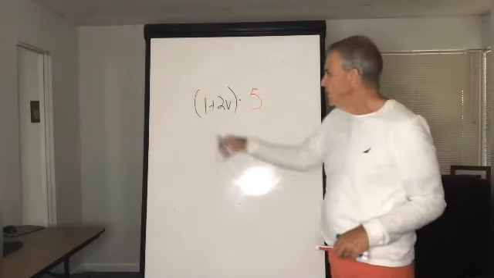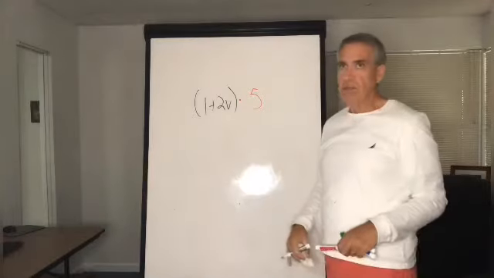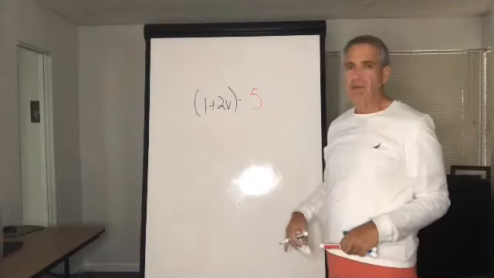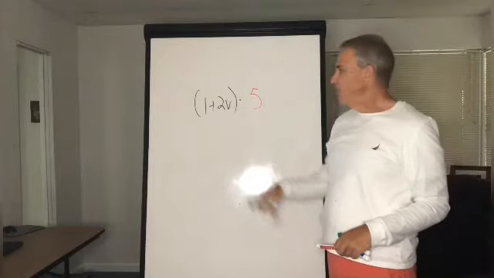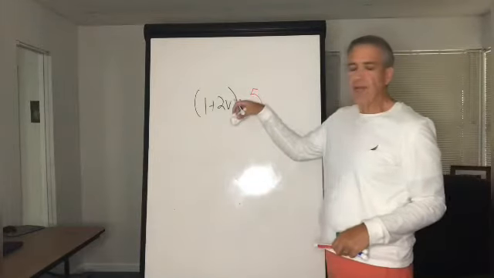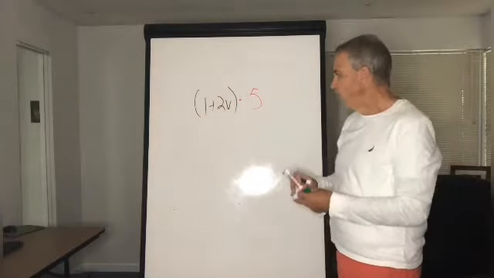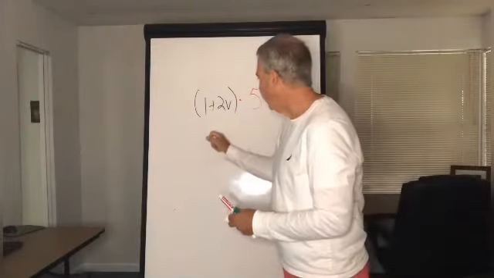Okay? So this is one animal, 1 plus 2v. This is the second animal, the number 5. And these two animals are being multiplied together. And we're going to switch them. We're going to put the 5 first.